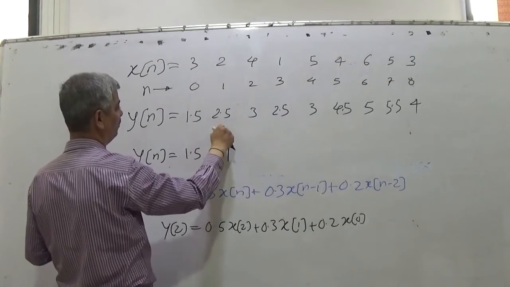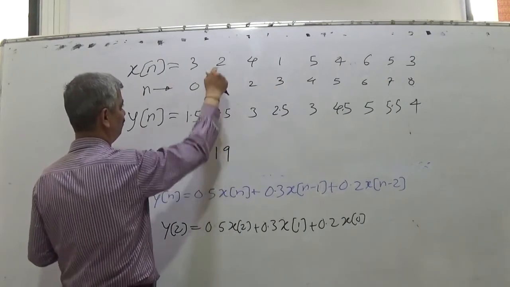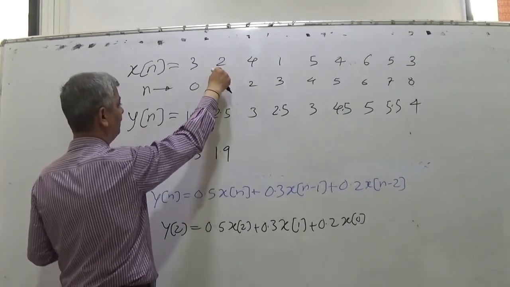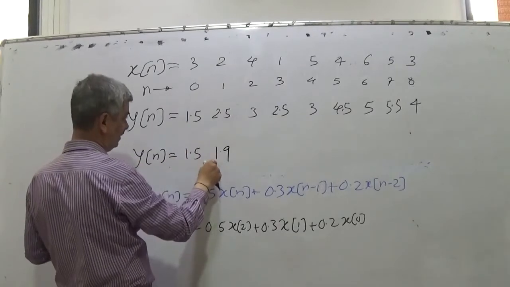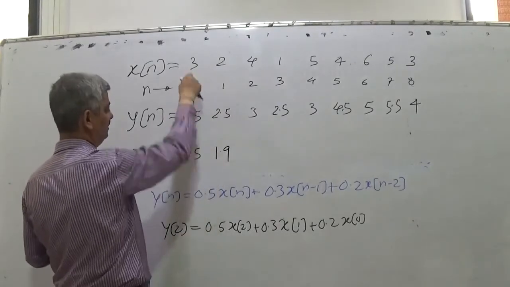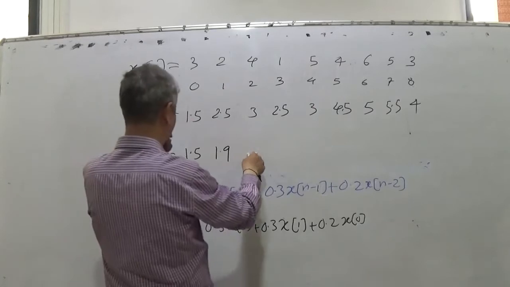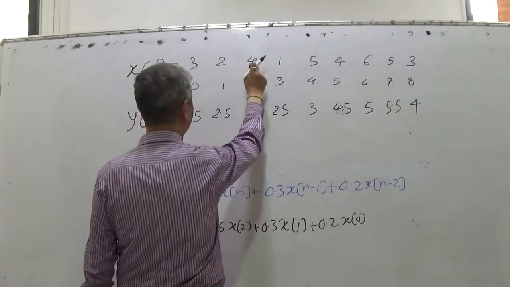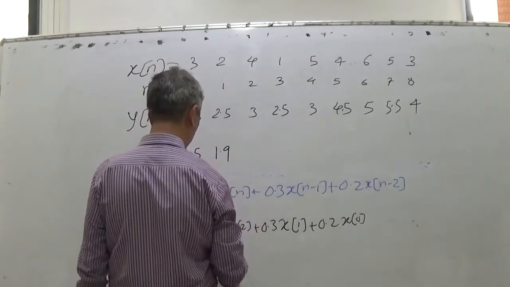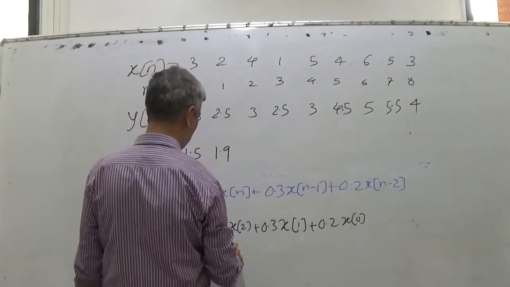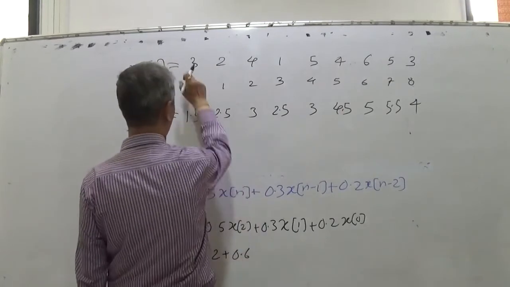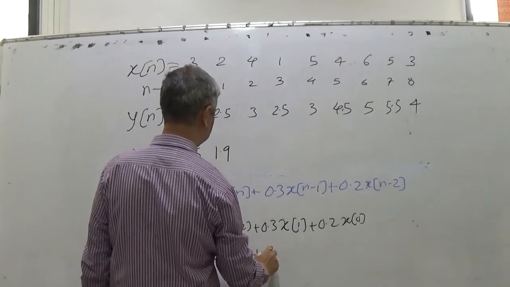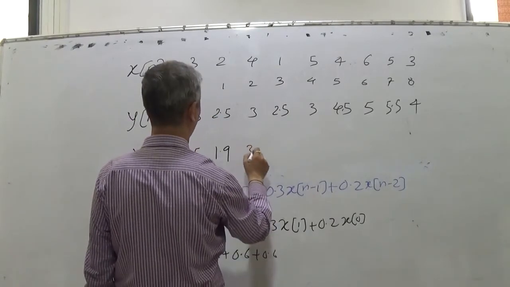Y1 was 0.5 x1, that is 1, and 0.3 x0, that is 1.9. What is this? This would be 2 plus 0.3 into this is 0.6 plus 0.2 into this is 0.6. So it is 3.2.